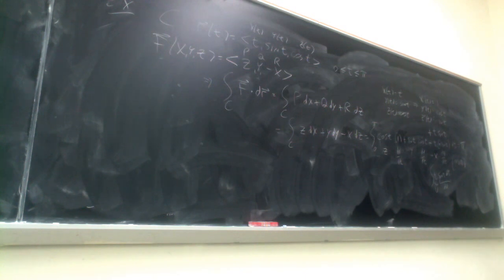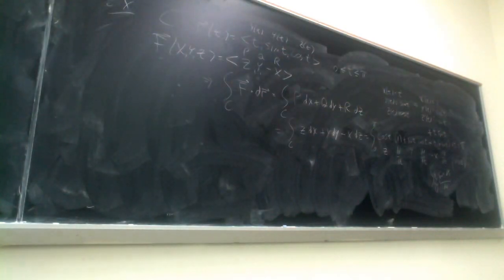Okay, here's another example where I can do the same vector field twice, except the curve will be different. So you can see how different kinds of curves are handled.